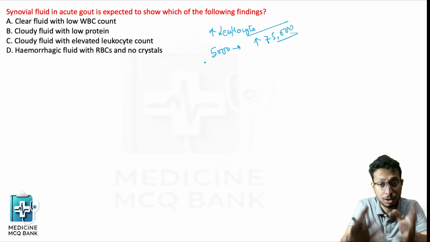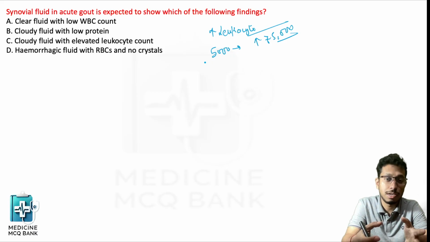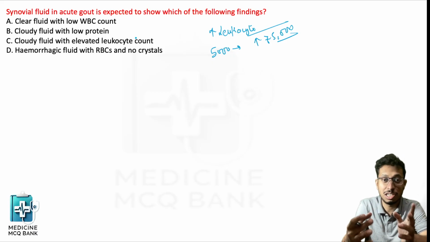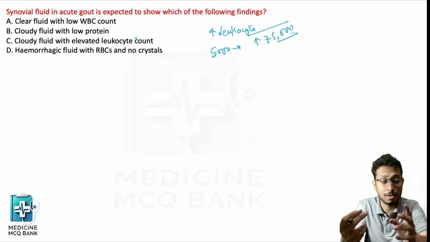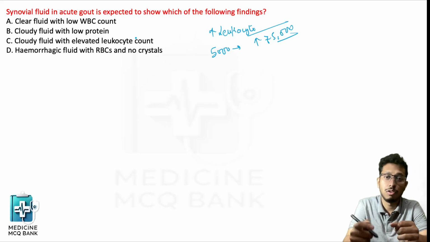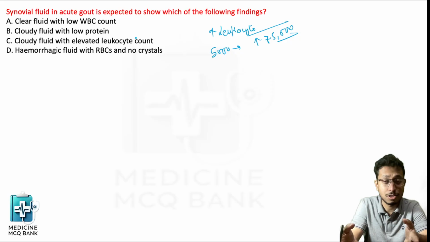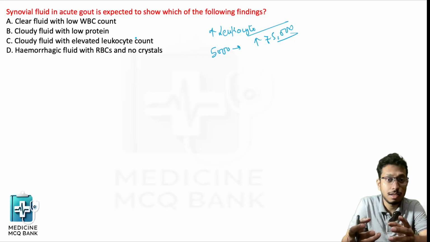Due to this leukocytosis and cloudy nature, it can have a thick, pasty or chalk-like appearance due to the presence of a large crystal burden. For this reason, sometimes joint fluid culture is essential, also if you suspect something like bacterial infection in the joint.